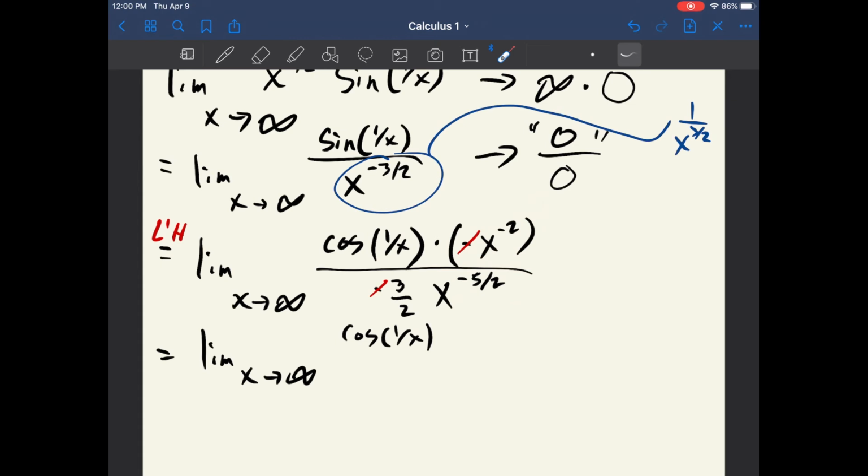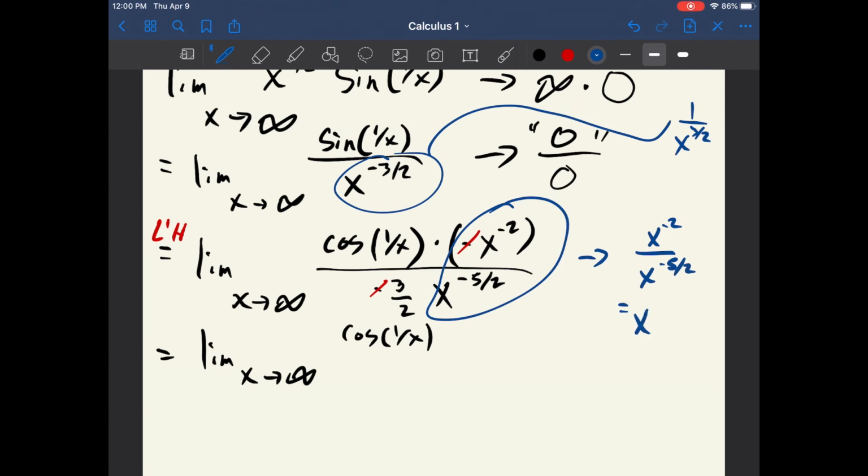So to combine those, maybe we'll do it over here on the side, right? So if we look at just this, this should be x to the minus 2 over x to the minus 5 over 2.